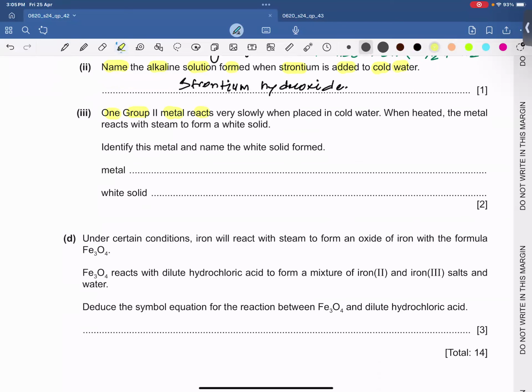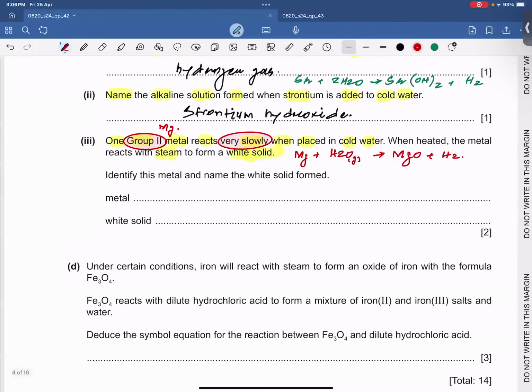One group 2 metal reacts very slowly when placed in cold water. That's what we have done in the class, in the metals chapter. Magnesium reacts very slowly with cold water. Otherwise, when that metal reacts with steam, it turns into a white solid. So when magnesium reacts with steam, it turns into magnesium oxide, which is a white solid, and hydrogen gas.